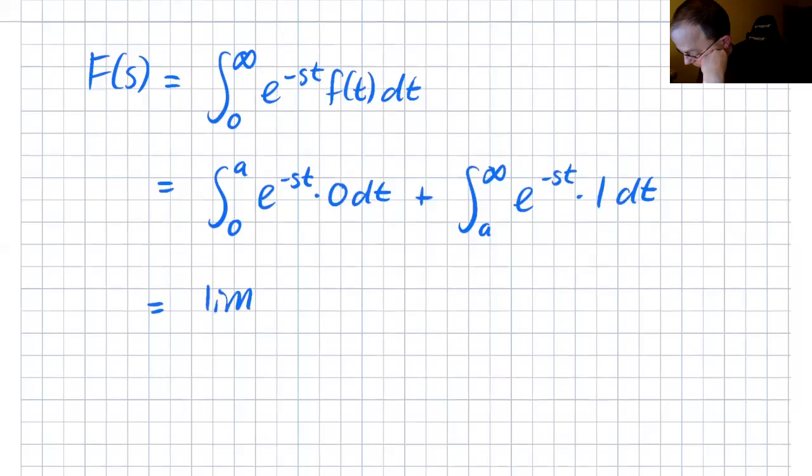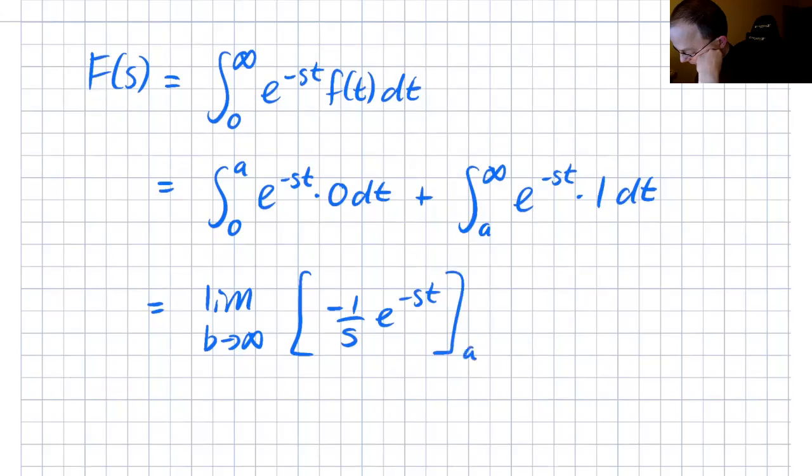So the first integral is just 0, and for the second integral, the antiderivative will be negative 1 over s e to the negative st, evaluated from a to infinity.